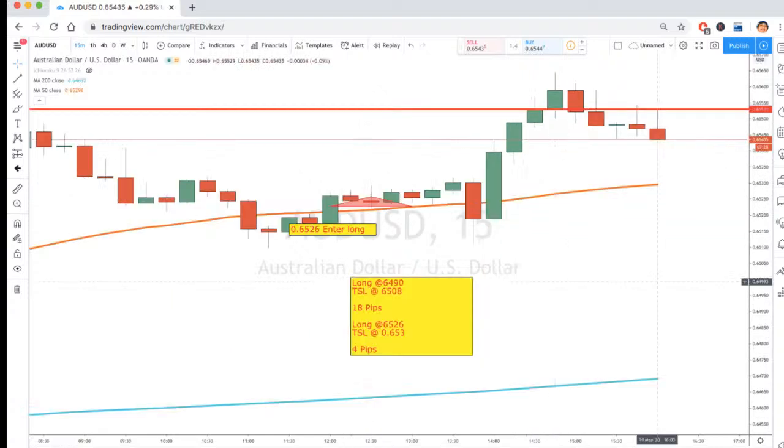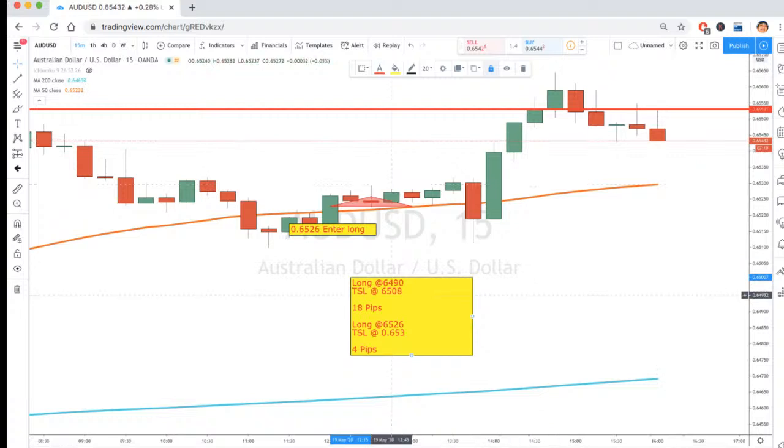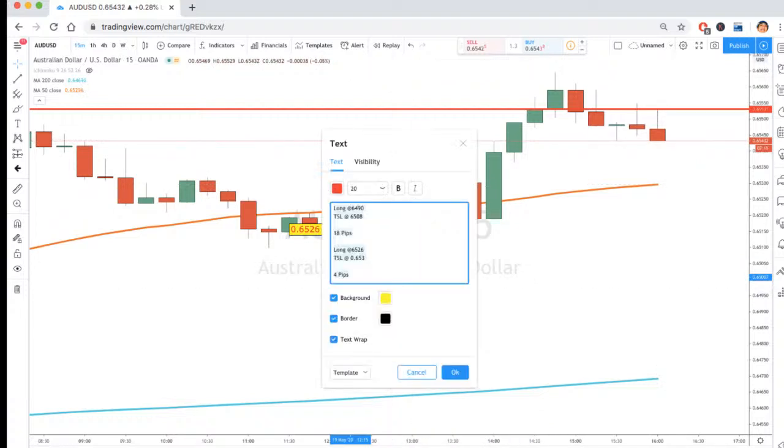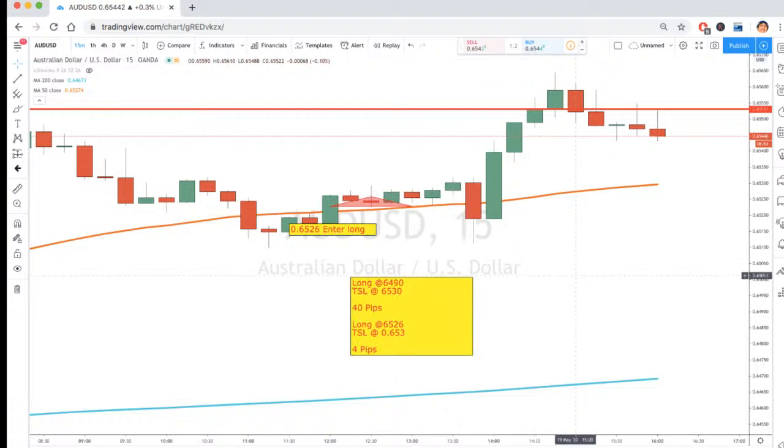Okay, let's move it to the 50 moving average at 6530. That's 40 pips. I think we should move it to, it's also at 6530. Okay, we stop out here at 6530.